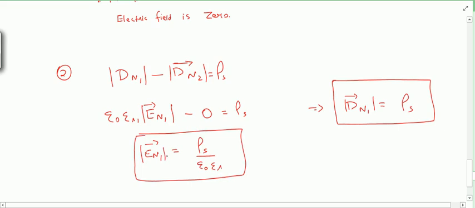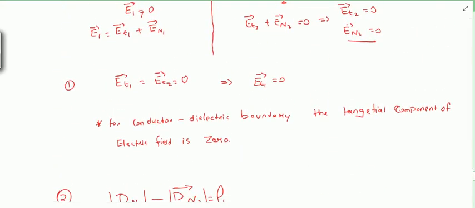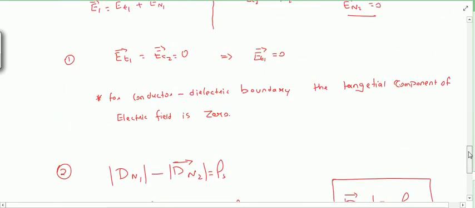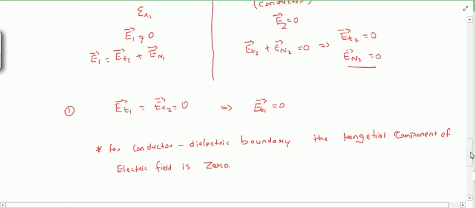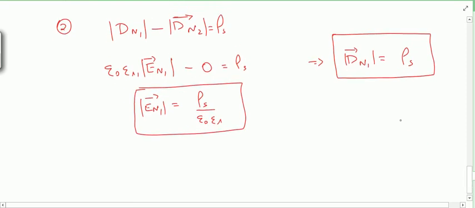You can find the magnitude of this normal component. So this is the relation between conductor dielectric boundary surface, that inside a conductor electric field is 0. So you can use the relation in the following ways, that electric field inside a conductor will be 0. So Et1 equals to Et2 equals to 0, that is the tangential component of the electric field is 0, and the normal component of electric flux density in the dielectric medium will be equals to surface charge density on the boundary surface.